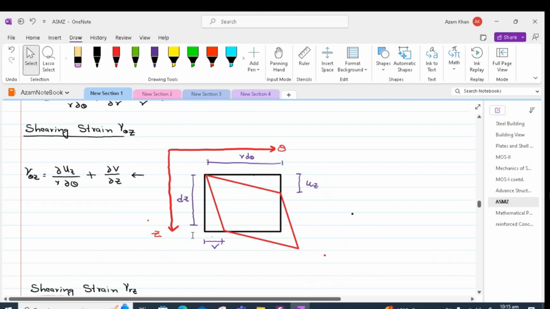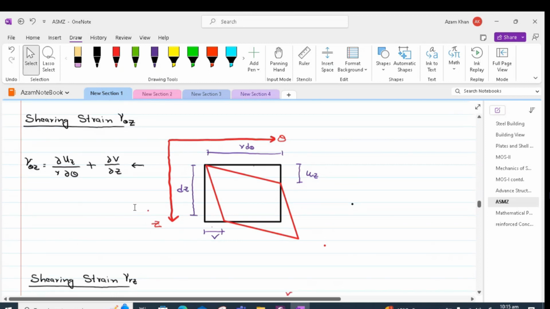As we said, the displacement in the theta direction is V and we assume that the displacement in z direction is uz. So in order to find out this angle, we can say this is partial V by partial z, which is the second term of this expression. And the other angle is partial uz by r partial theta. Thus, that will give us the shear strain gamma theta z.